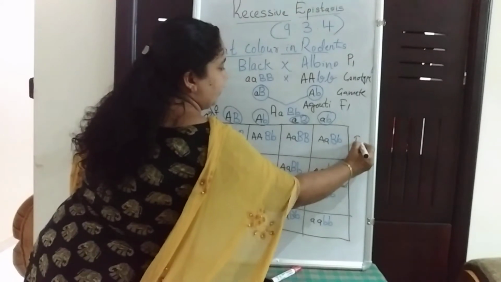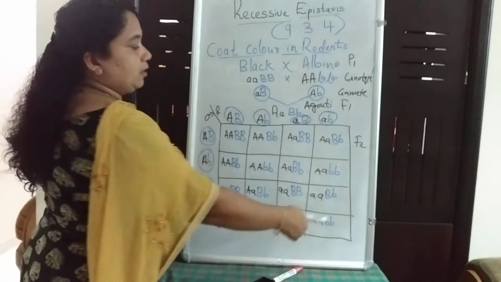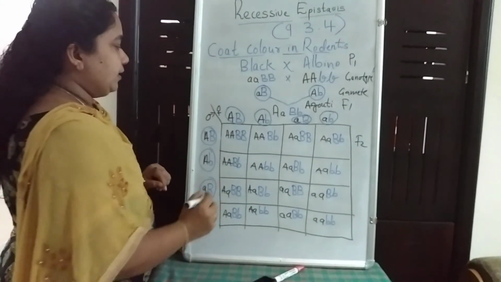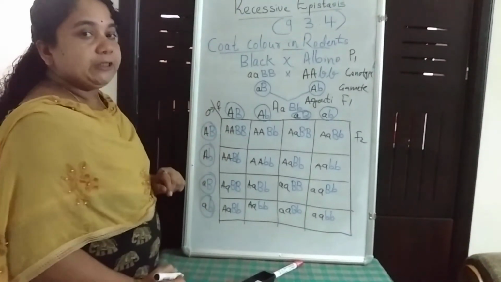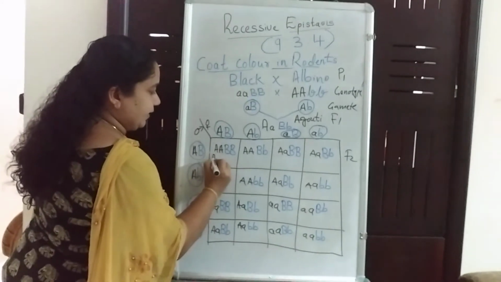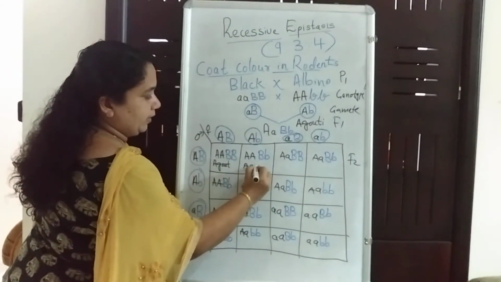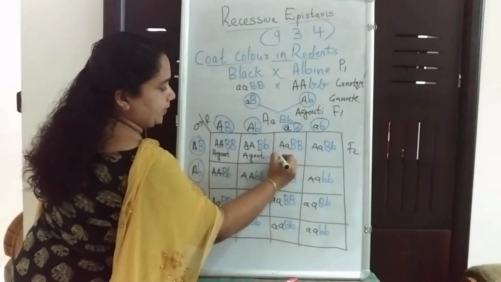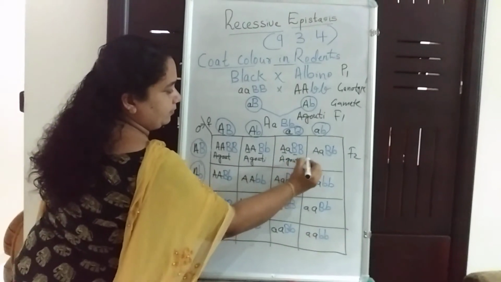Here we get this checkerboard, and we can say that wherever capital A and capital B are present, it is agouti. So we can write it as agouti, then agouti. Since capital A, capital B, we can write it as agouti.